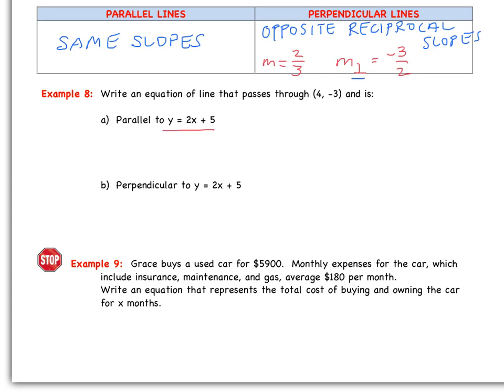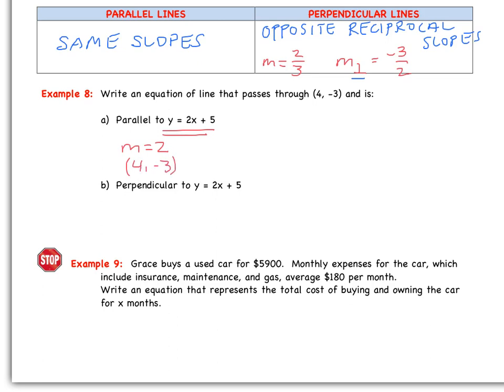Can you identify the slope of the line given? Hopefully you recognize our slope is 2. Since the slopes of parallel lines are the same, the slope of our new line is still 2, and it passes through the point (4, -3).